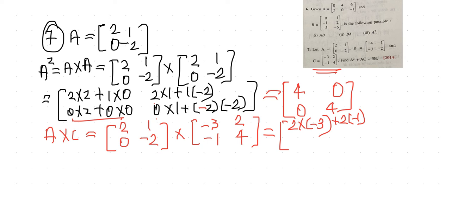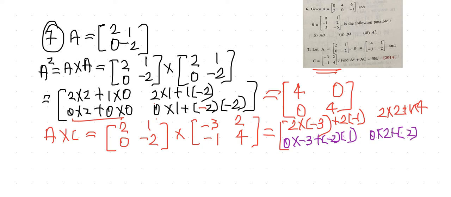You will be getting 2 into 2 plus 1 into 4. And then what will I be getting here? 0 into minus 3 plus minus 2 into minus 1, and then 0 into 2 plus minus 2 into 4.